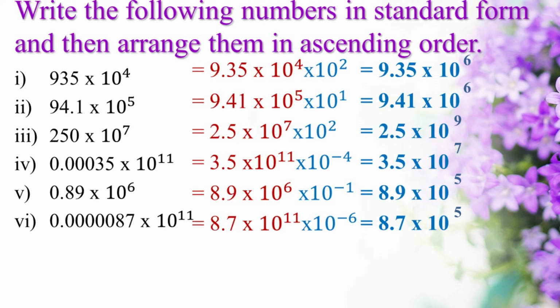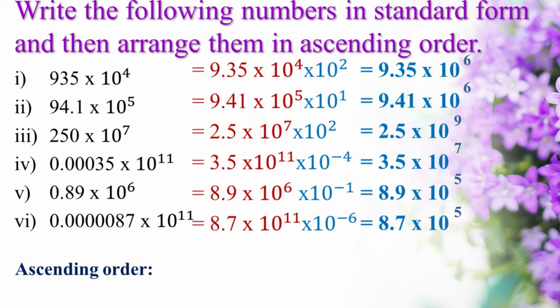Now we have to arrange these numbers in ascending order. See here, you have to keep in mind the powers first. Here the powers are 5 for 2 numbers, 6 for 2 numbers, 7 for 1 number and 9 for 1 number.